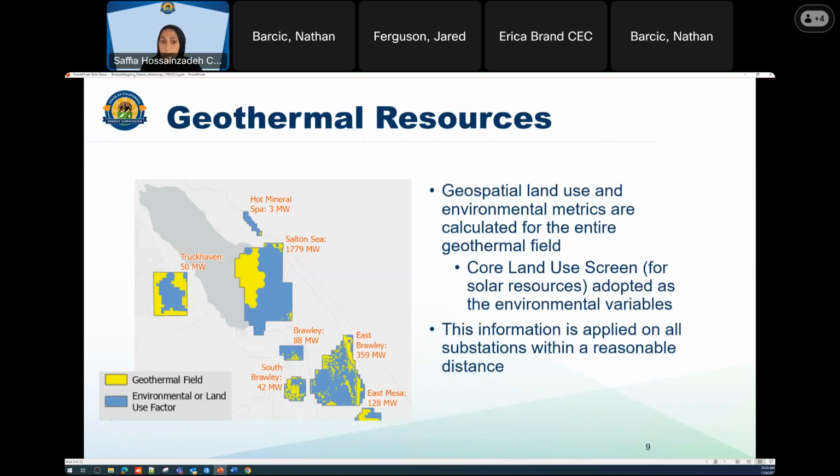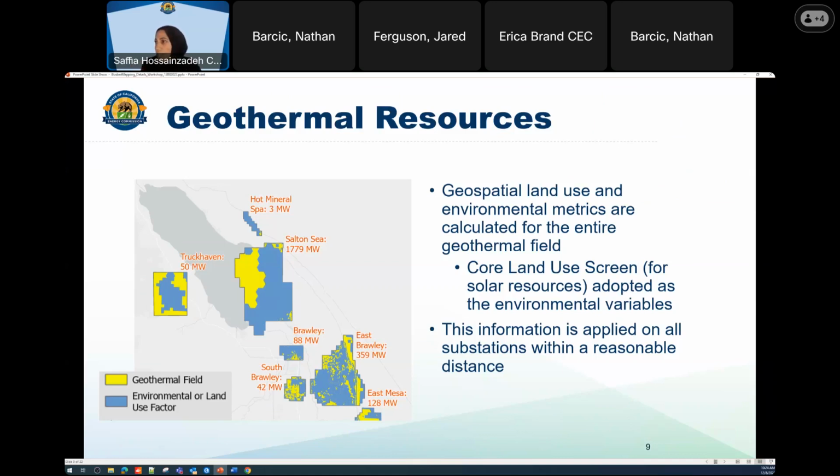And we use the same individual components of the core land use screen to calculate our geospatial metrics within these areas. So all of the environmental variables that I listed before are used to inform on what conditions the development of this renewable resource would likely face in terms of constraints within these geothermal fields.